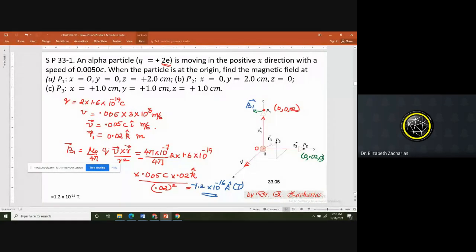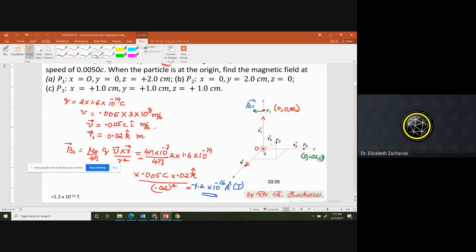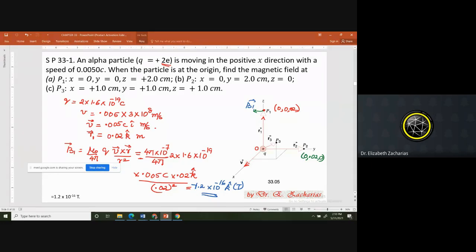Only thing is, you will write R2 instead of R1 and you will write 0.02 J. And when you do the problem, you're going to get your B2 like this.